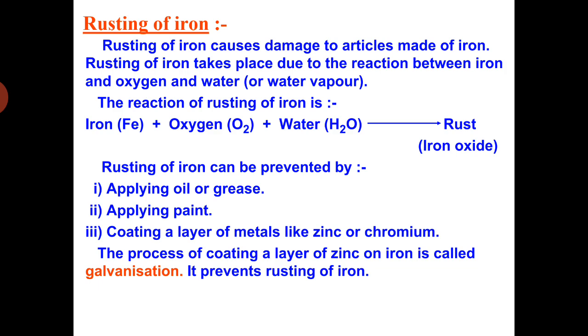You can be asked this as a question: does salty water make the process of rust formation faster or slower? Then what should be your answer? Faster. In salty water, rusting takes place faster. As the water is salty in the sea, utmost care is to be taken to prevent the parts of the ship from rusting.